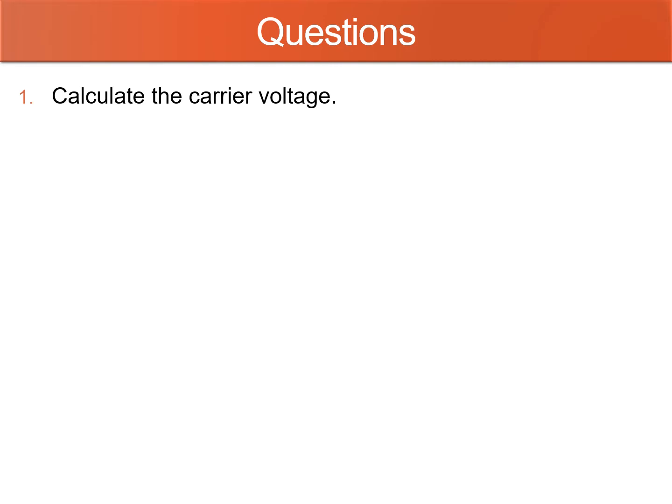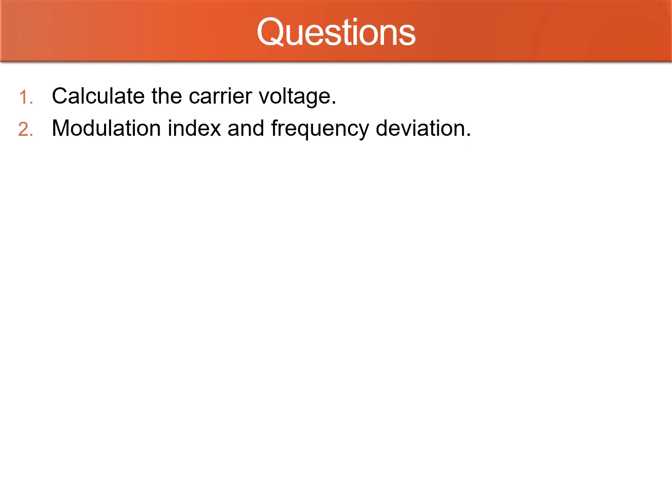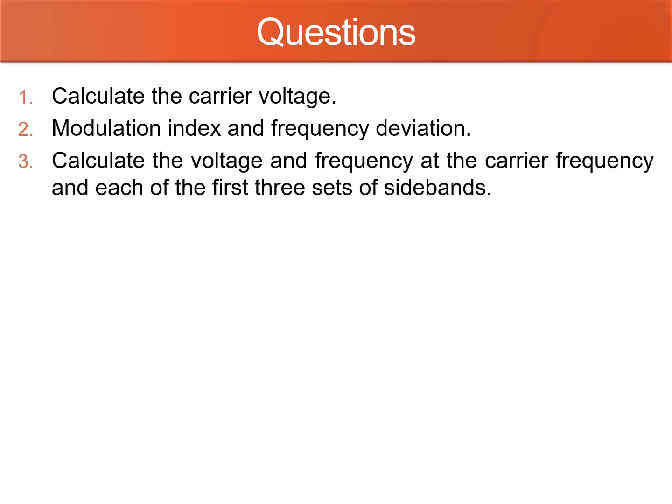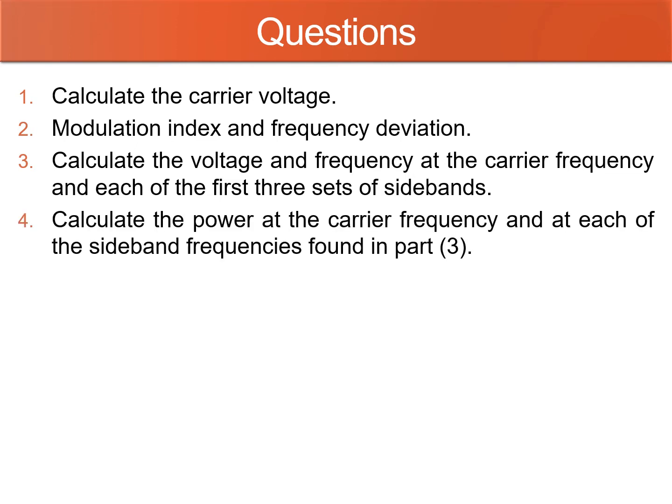For question 1, we need to calculate the carrier voltage, next the modulation index and frequency deviation. Number 3, calculate the voltage and frequency at the carrier frequency and each of the first 3 sets of sidebands.